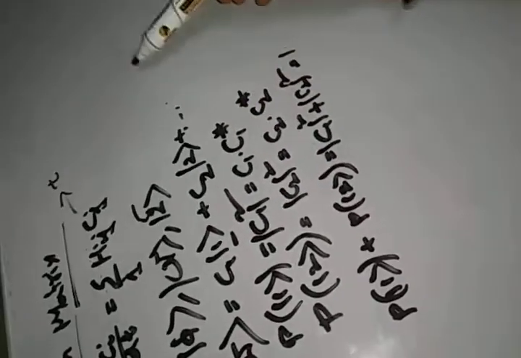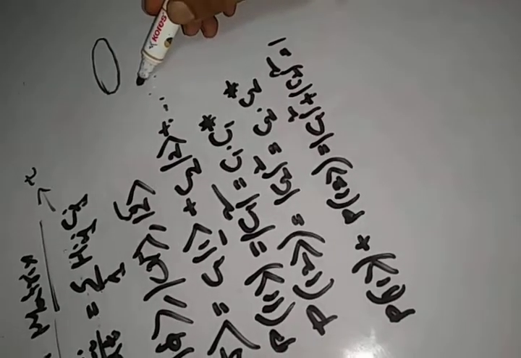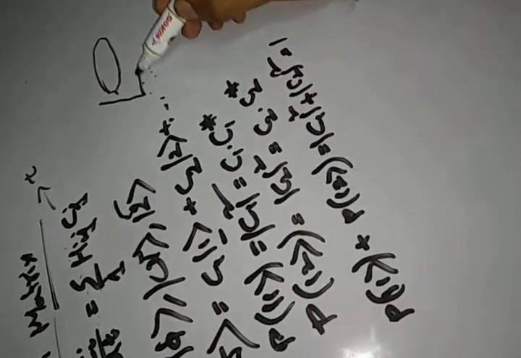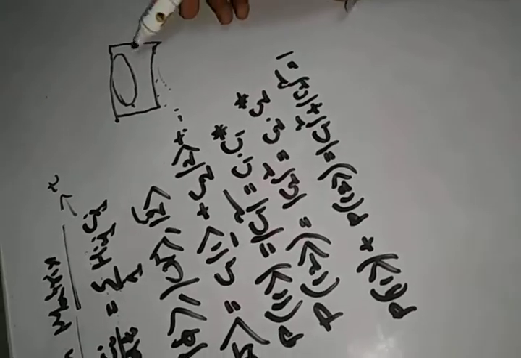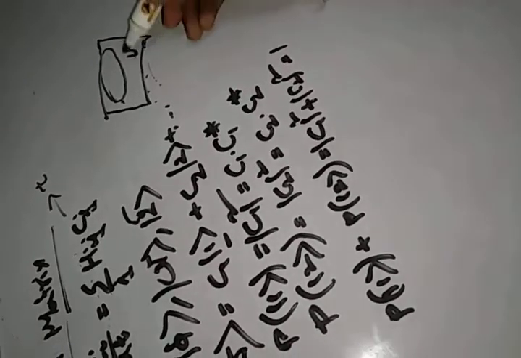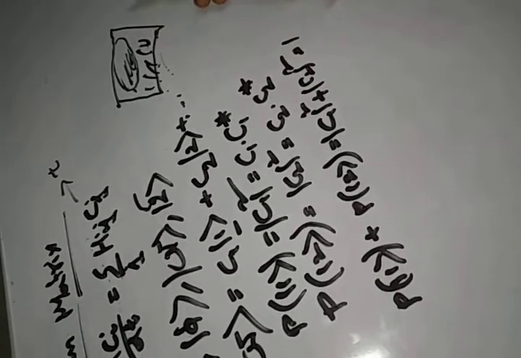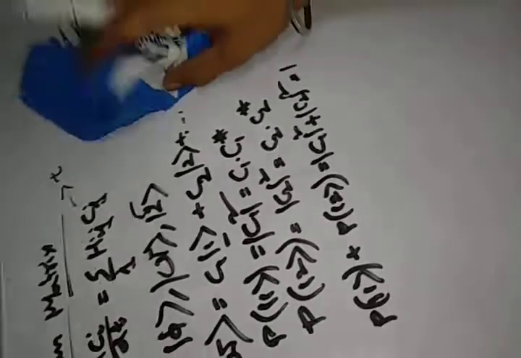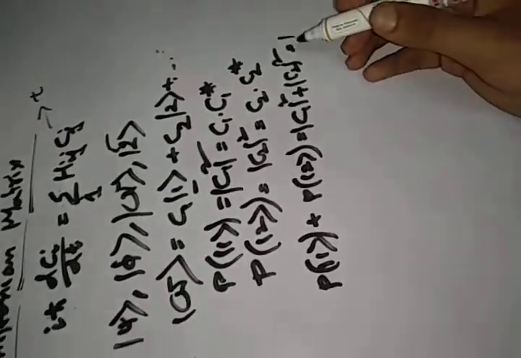Okay, so these two things form the total universal set of the system. It is either in this state or in this state. This is a shadow Venn diagram. Okay, so the total probability is 1.